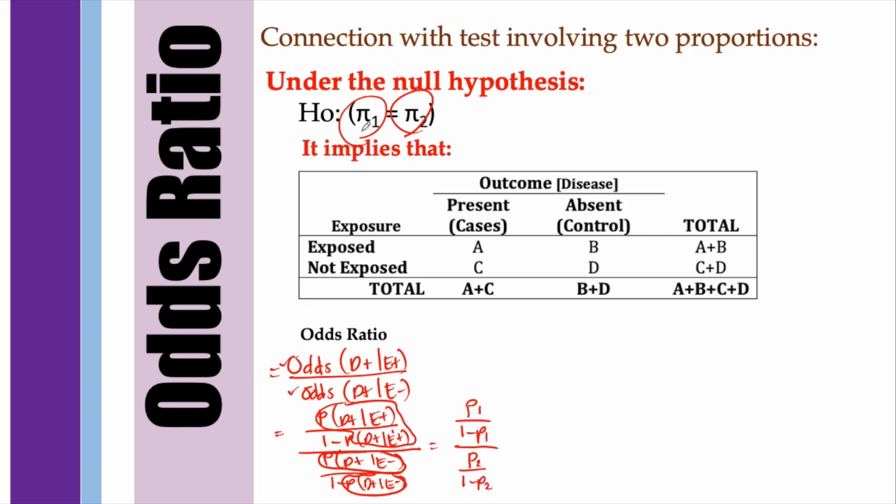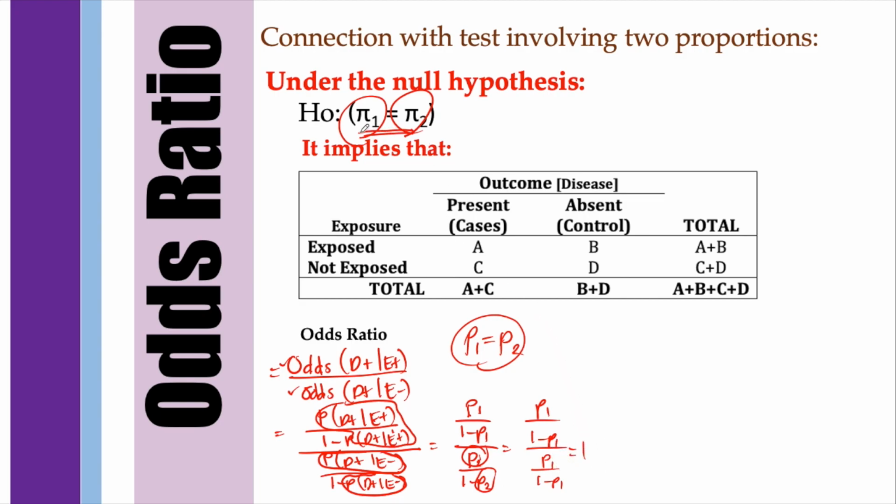Now, since under the null hypothesis it is assumed that they are equal, meaning P1 and P2 are equal, that means P1 may replace P2, or P2 may replace P1. In other words, P2 here may be replaced by P1. So since they are equal, we have P1 over 1 minus P1 over P1 over 1 minus P1, which is equal to 1.